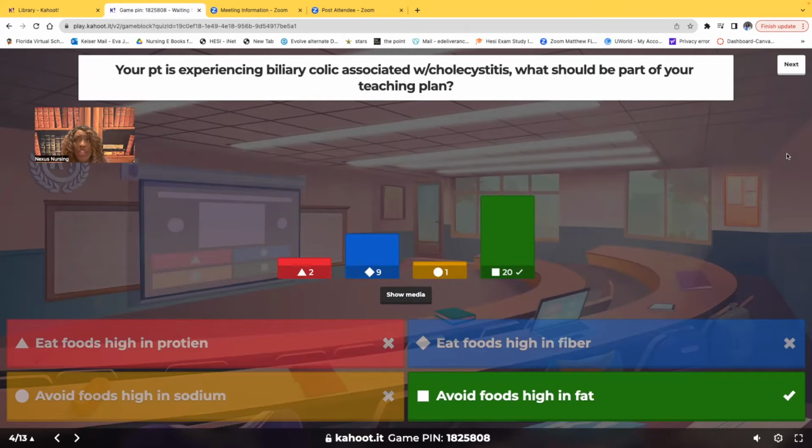We would say that to a patient who maybe is in fluid overload, holding on to too much fluid, they've got congestive heart failure, they've got hypertension, right? Where we want them to lower sodium, because fluid follows sodium. So when you lower the sodium, you lower the fluid. So someone like that, you would tell them to avoid foods high in sodium, but sodium really isn't associated with inflammation of the gallbladder. But guess what? Foods high in fat absolutely is. And that's why that's your answer.